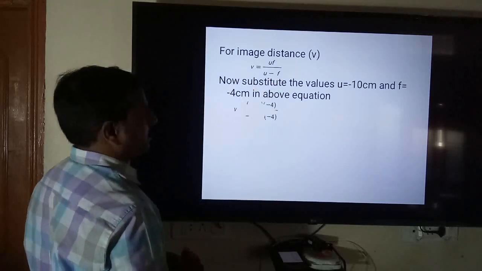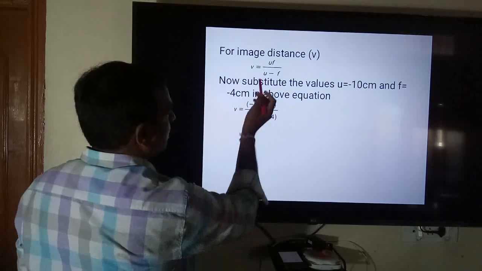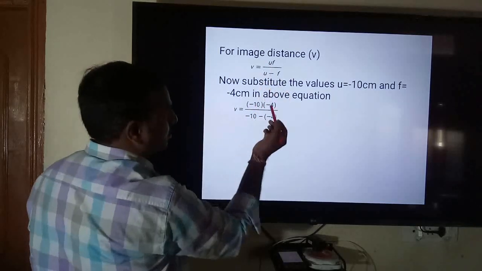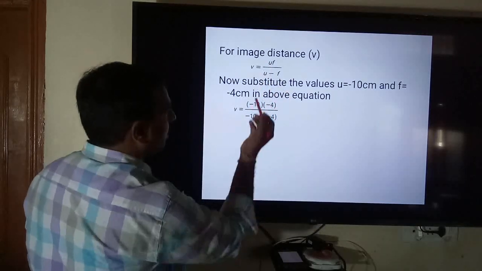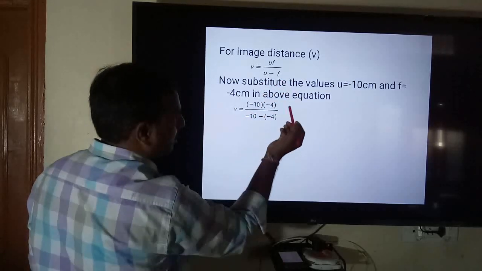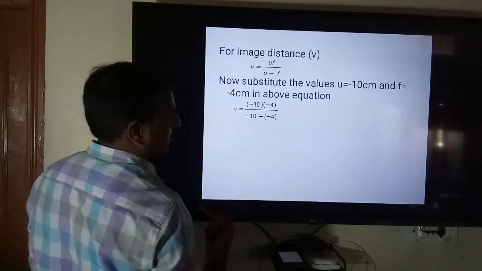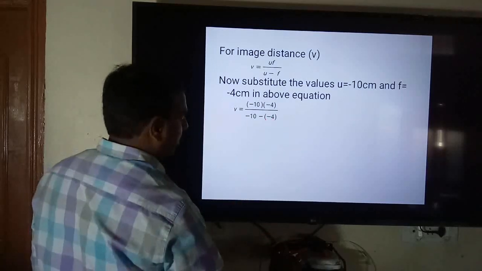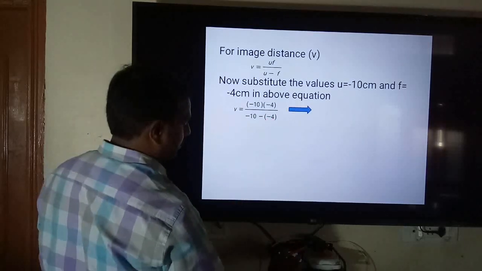Then we get V is equal to u, which is minus 10, times f, which is minus 4, by u minus f, which is minus 10 minus of minus 4.